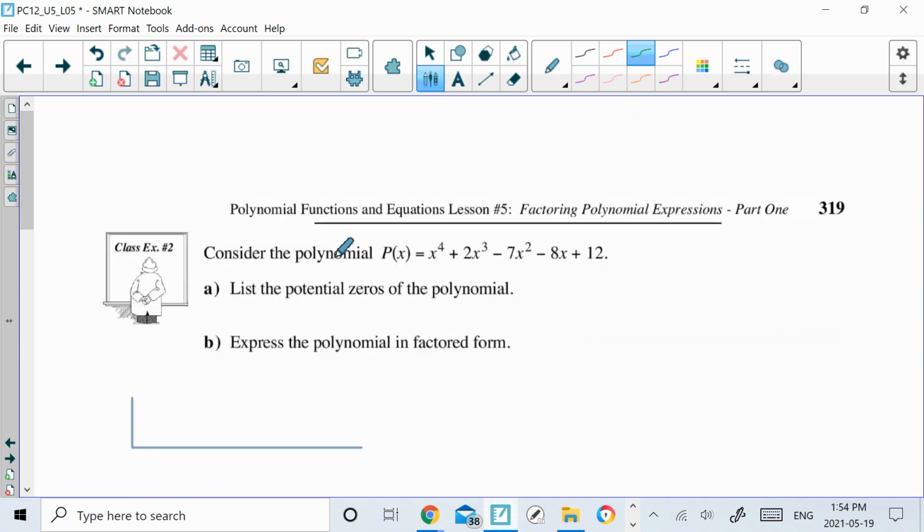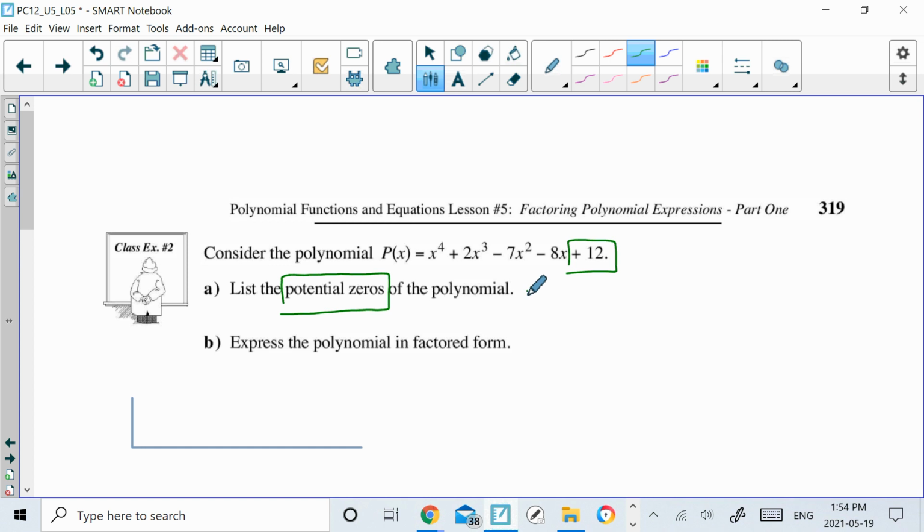Okay, consider this polynomial function. List the potential zeros of the polynomial. So again, potential zeros come from the constant term, which is 12. You need to look at the constant term and list all of the factors of that constant term.